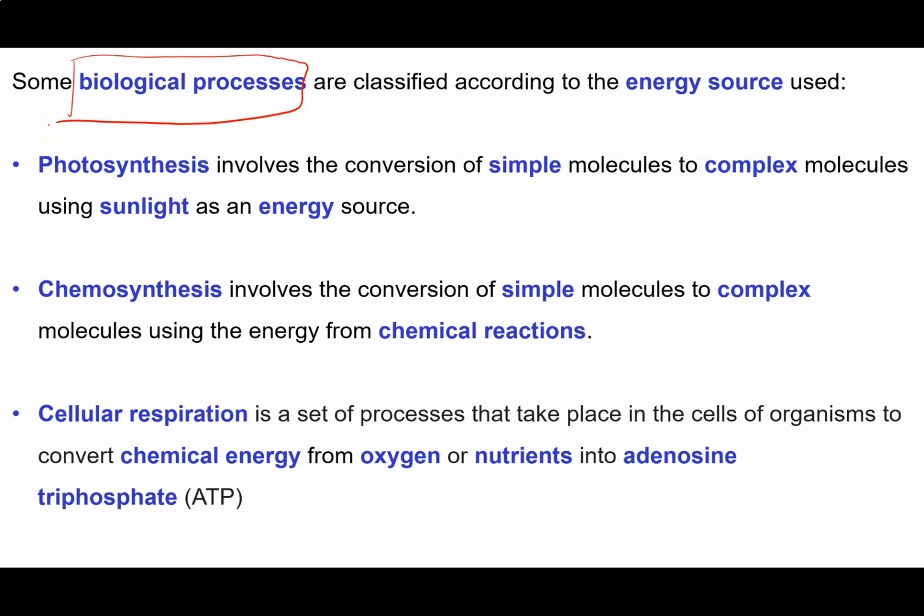So many biological processes and indeed many biological organisms are classified according to the energy source used to drive that process, or the principal energy source of that organism. So for example, you probably know that plants all have in common that they conduct photosynthesis, which is the conversion of simple molecules like carbon dioxide into complex molecules like sugars by using sunlight as an energy source.